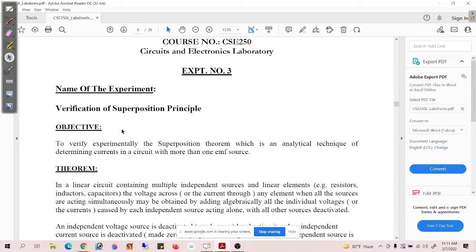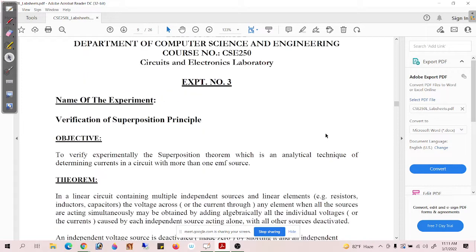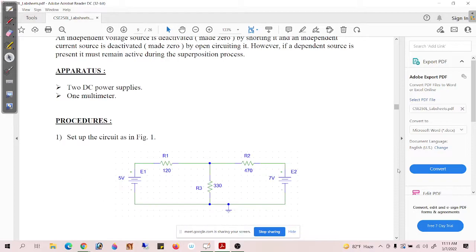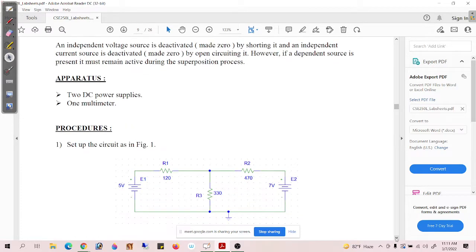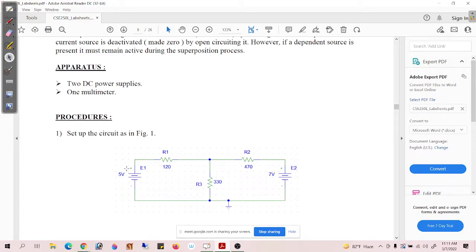That won't be a problem, because I'm going to explain it anyway. In this experiment, there will be two tasks given to you. The first task is already given in your lab sheets. This particular circuit is the circuit that we are going to solve today, and I will be giving you a homework later at the end of this lab.